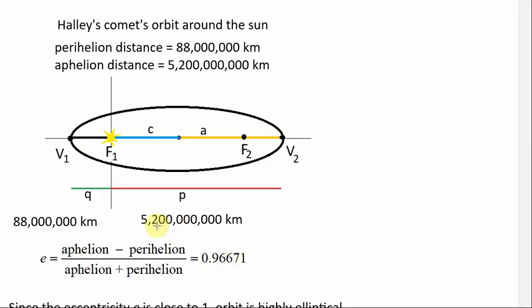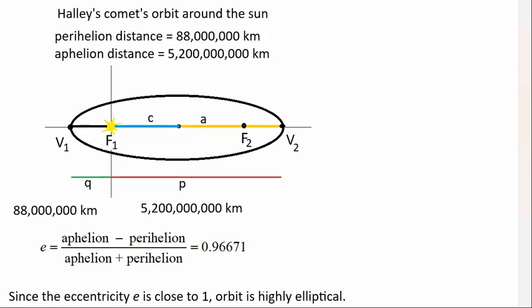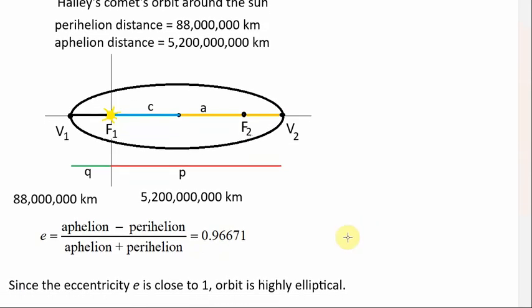Here we have 5,200,000,000 minus 88 million, and then down here just the sum. And so we can see that the eccentricity for Halley's Comet is very close to 1. That's why Halley's Comet's orbit around the sun, the ellipse here, is highly elongated. And so that's for Halley's Comet.